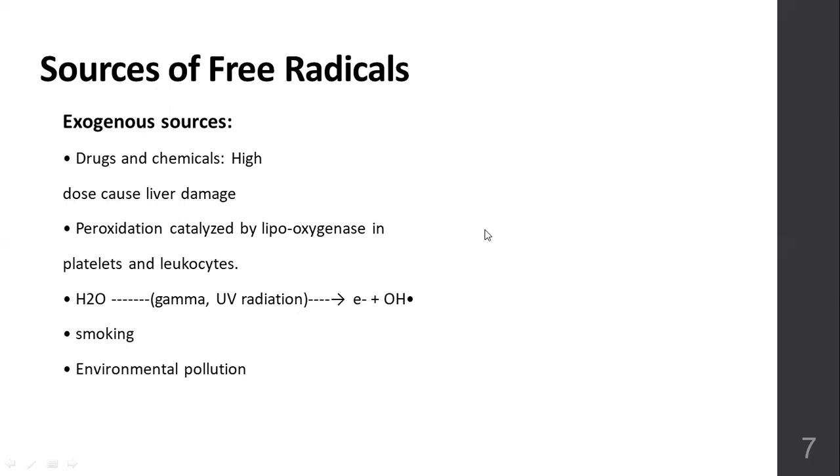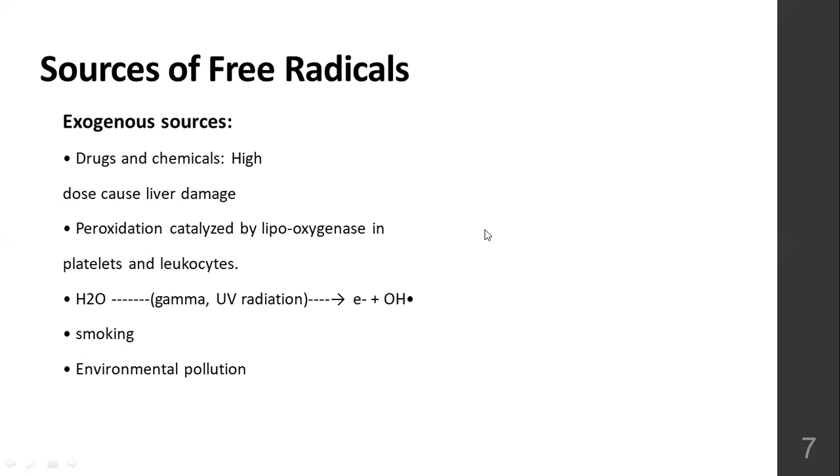Peroxidation, catalyzed by lipoxygenase in platelets and leukocytes. Peroxidation is required to maintain your immunity. Certain medications also cause peroxidation reactions within your body, and that also leads to the formation of free radicals. When water reacts with UV radiation or gamma radiation, that also leads to free radical production.